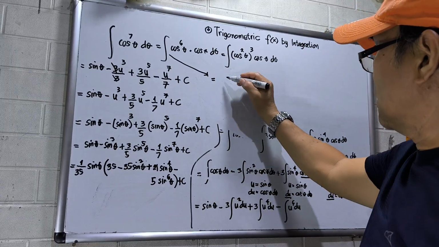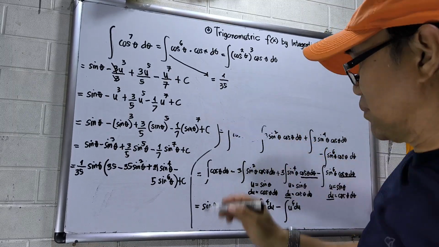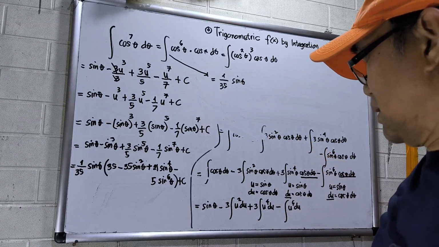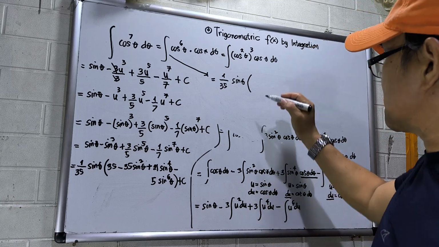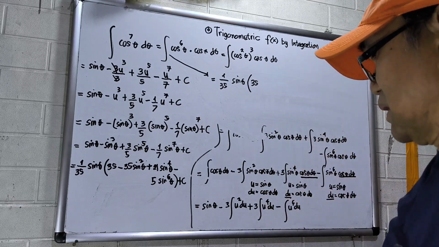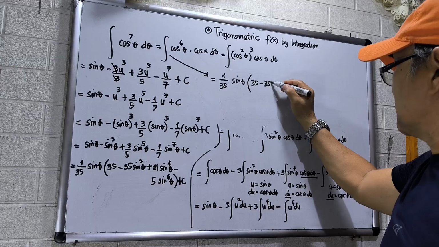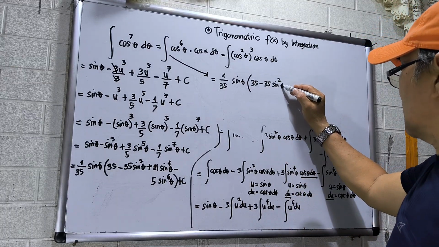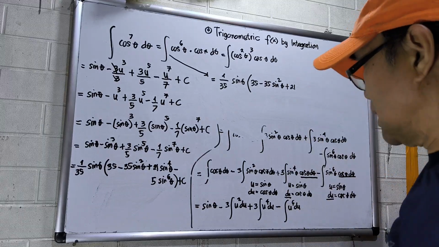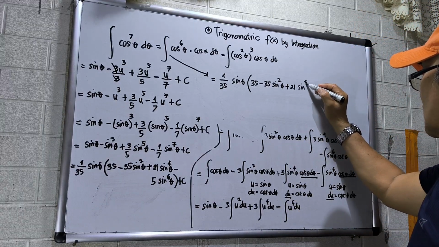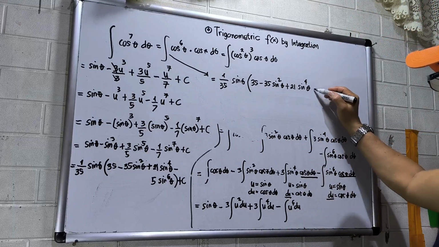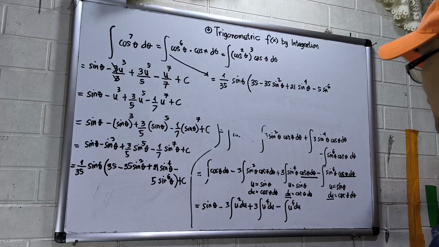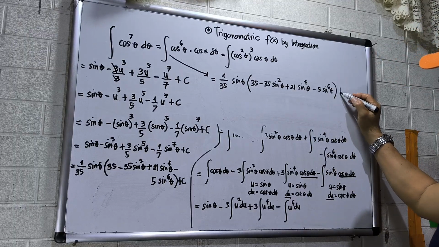It is equal to 1 over 35, then sine theta, then circle brackets 35, then minus 35 also, then sine squared theta plus 21 sine to the 4th theta. Then minus 5 sine to the 6th theta. Then this will be plus c.